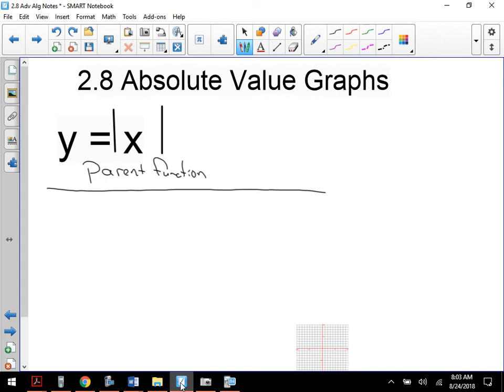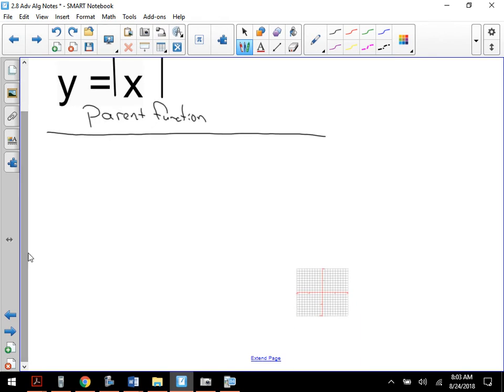We get a shifted function of an absolute value, and it looks like this. A, H, and K. These values of A, H, and K are going to be with us the entire school year. And they're always going to mean the same thing. A is a multiplier, H and K is a shift, horizontally and vertically.